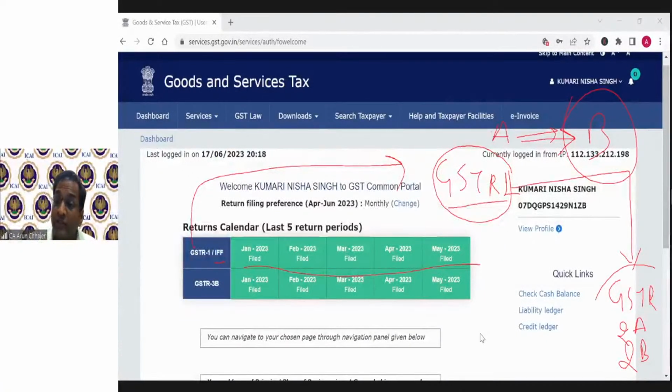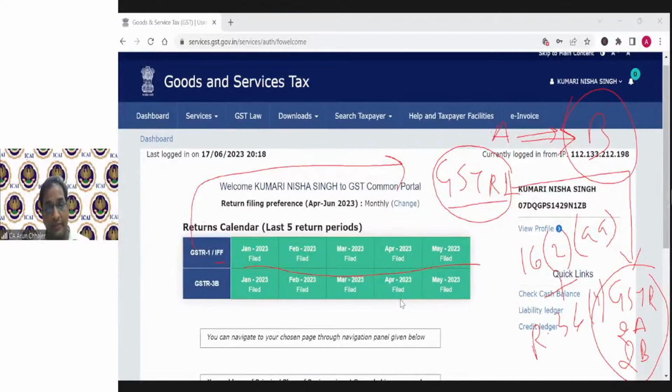What is the use of this appearance? When I discuss the condition of section 16 subsection 2 clause AA, read with rule 36 sub rule 4, you should write down this particular provision.